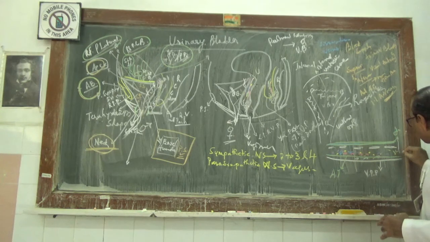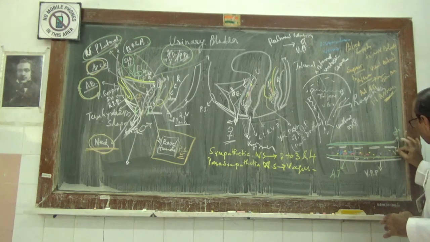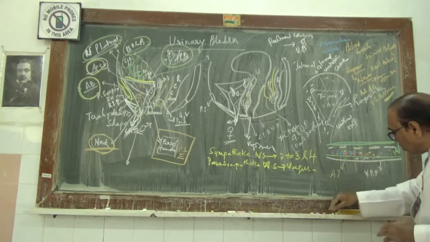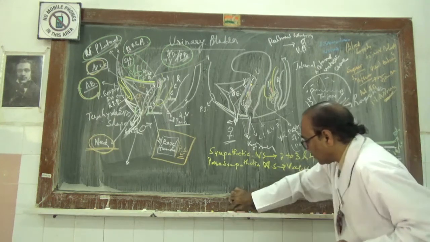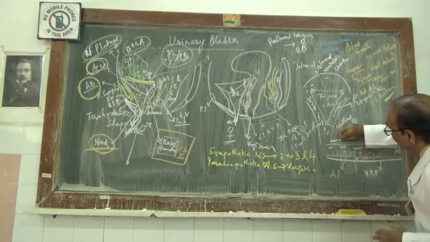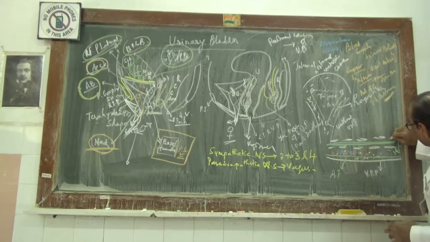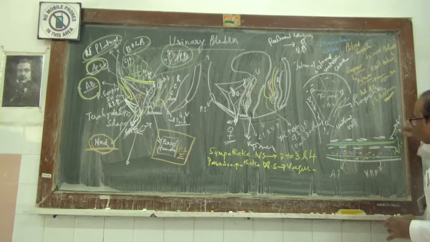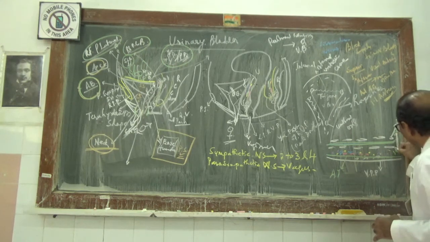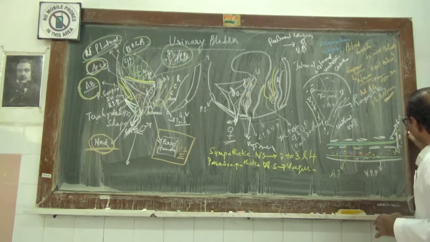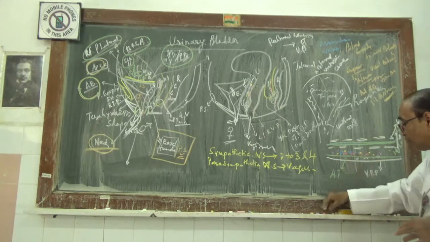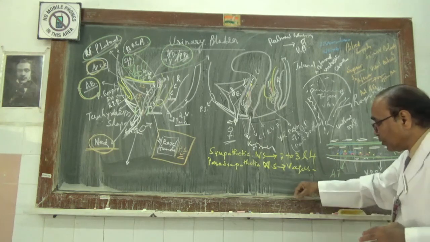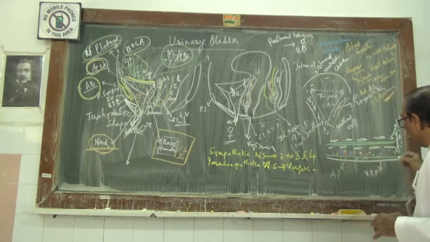Then once again the innermost, the inner longitudinal. So these all three are the muscular layer of the urinary bladder.